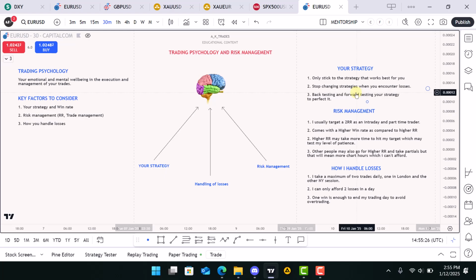I am not going to overtrade because it's going to have a negative impact on my psychology. That is the maximum I can handle, two losses in a day. Because if I get the London session wrong and the New York session also wrong with my bias, then my problem now is, am I really right with my weekly bias?